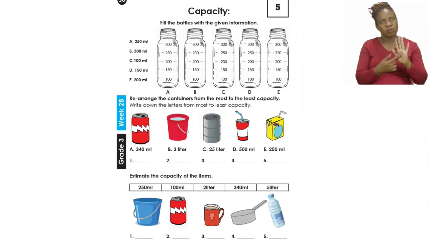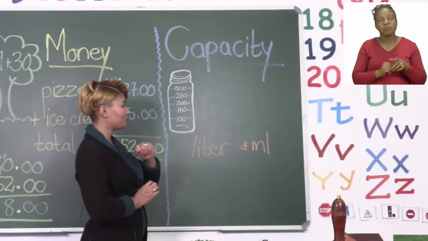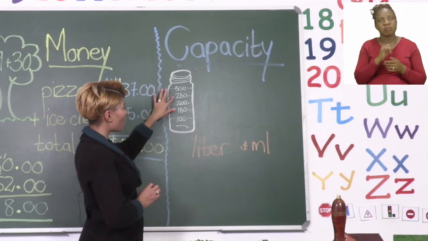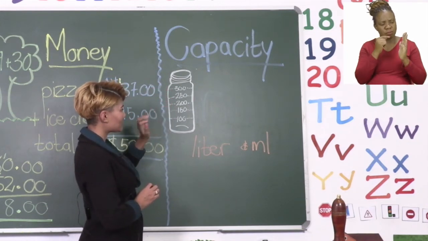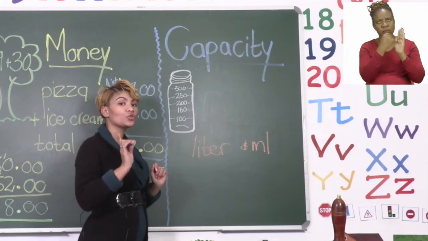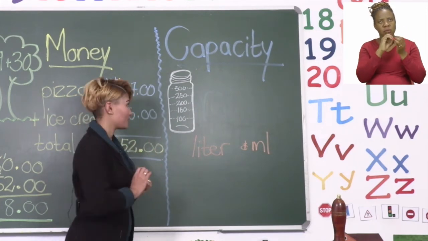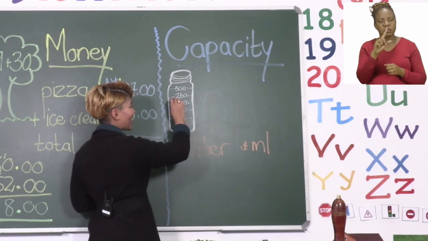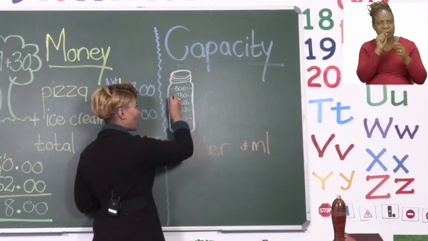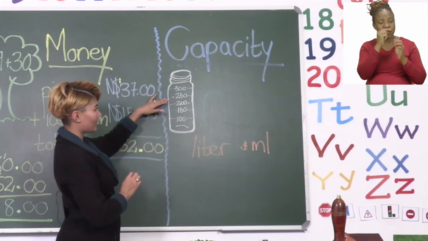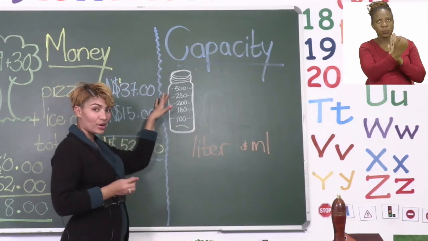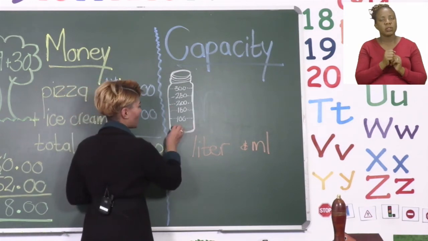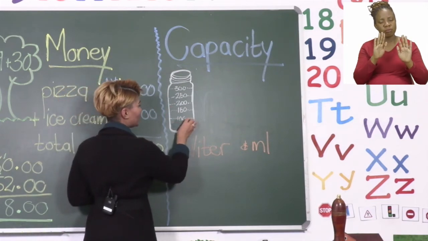Right. Now let's see how we are going to do that. On the board, I drew a little bottle. So let's see. You must look at all these little measurements. And remember we said 250 milliliters. So now you go ahead and you check and you check and you check. And there we have 250. That means you have to go ahead and fill up the bottle up to 250 milliliters.